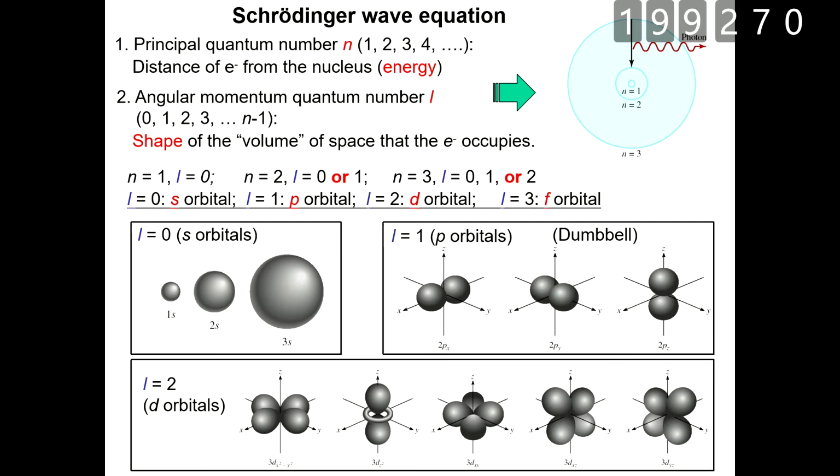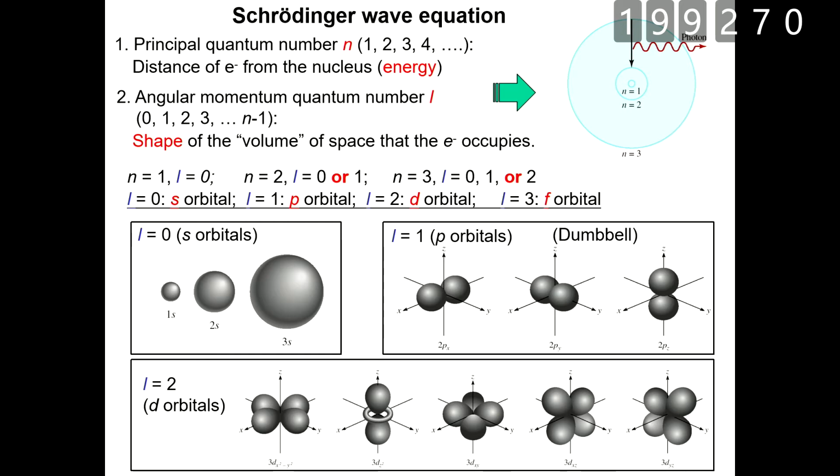And electrons in this orbital have n number 2, and here is 3.